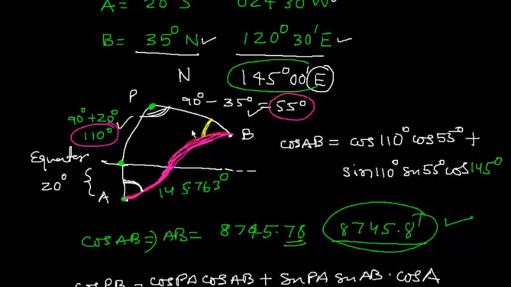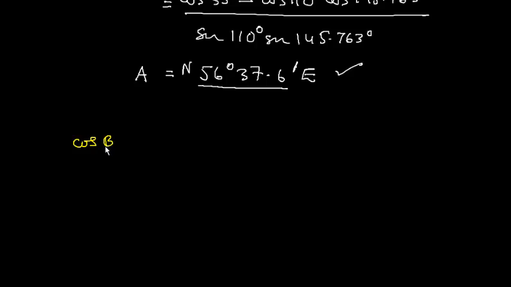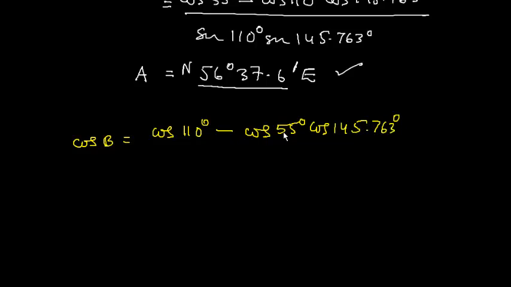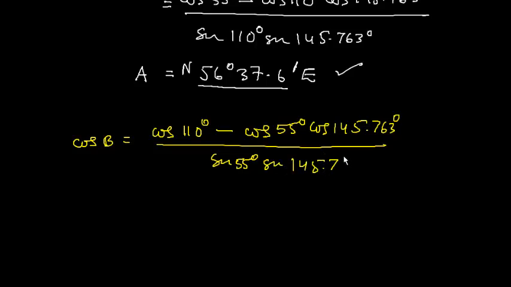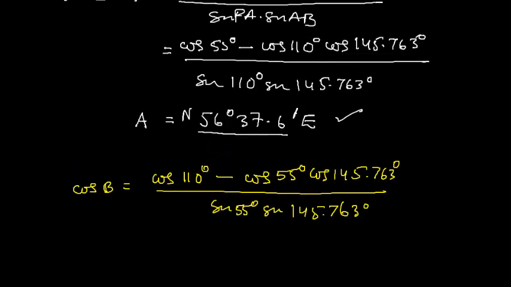For the final course, I need to find angle B first, and again I'll be using this formula, that this side, which is cos PA, is equal to cos of this side, which is 55, and cos of AB, plus sine of this and sine of this and cos B. I can simply write that cos B will be cos 110 minus cos 55 and cos of 145.763 divided by sine 55 and sine 145.763.